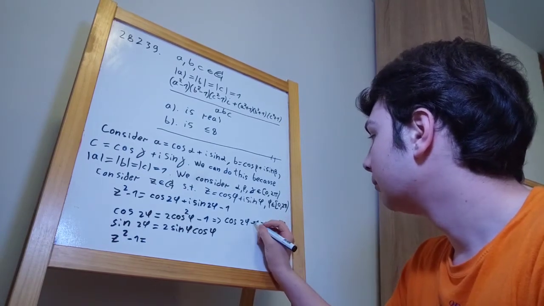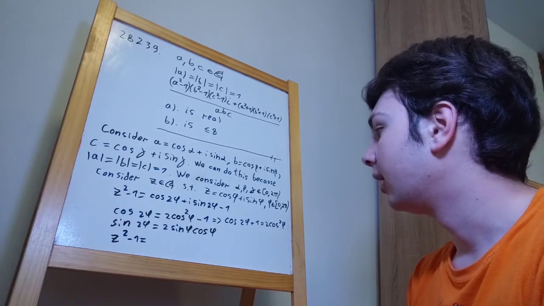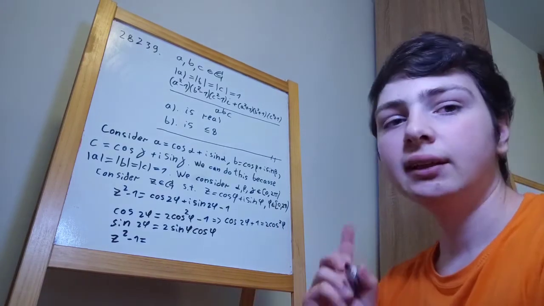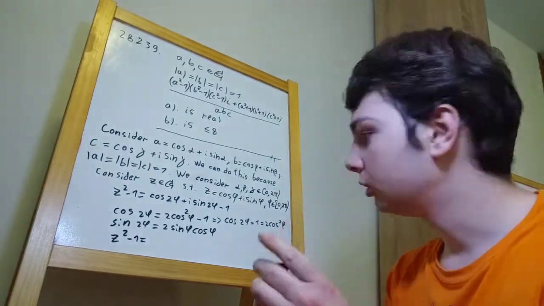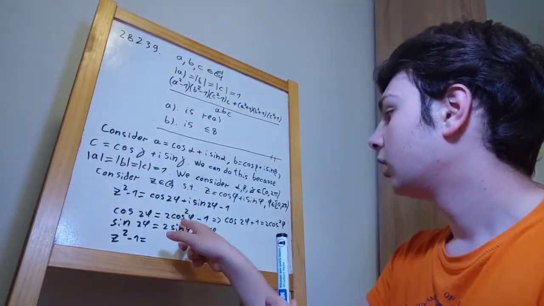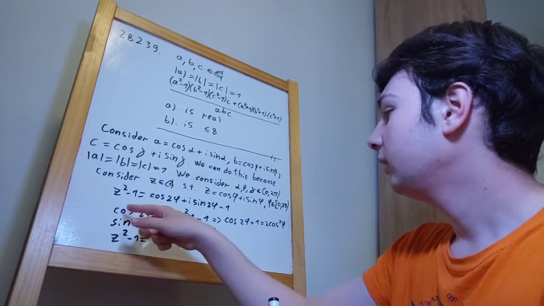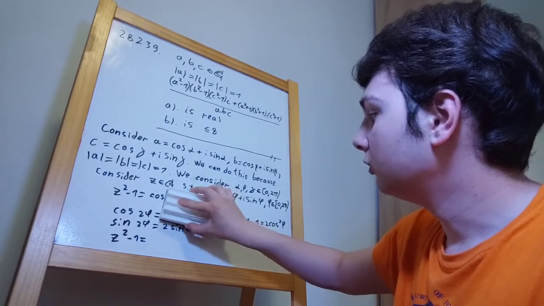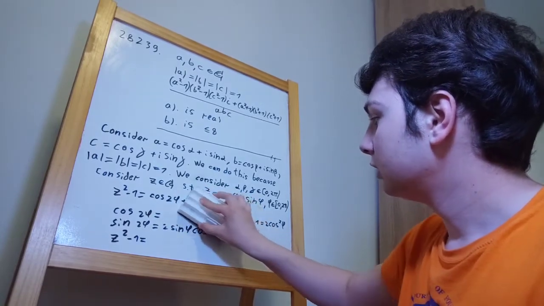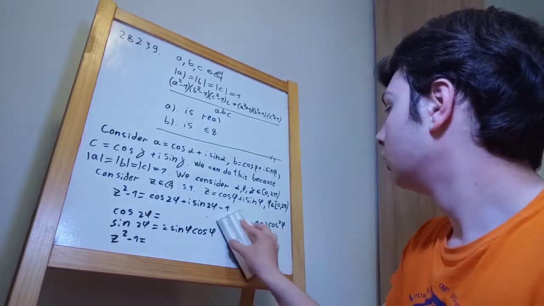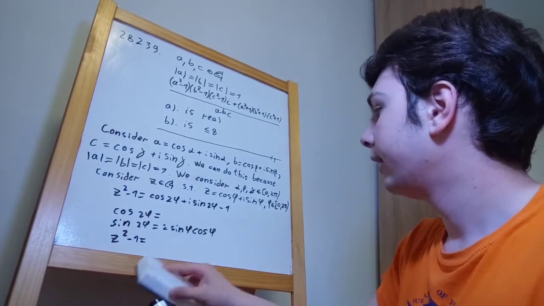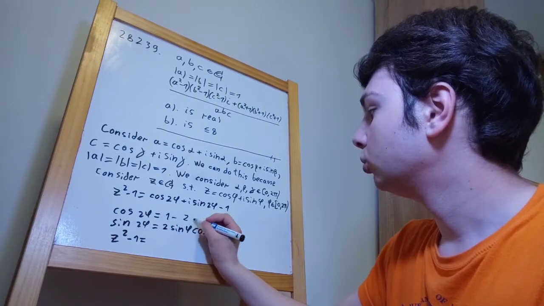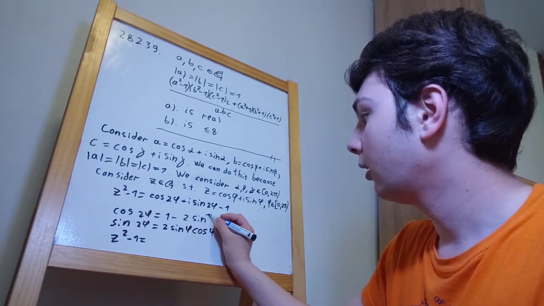There's a problem with the formula we just used, because we need cosine of 2 phi minus 1. So what we instead do is write this as 1 minus 2 sine squared of phi.